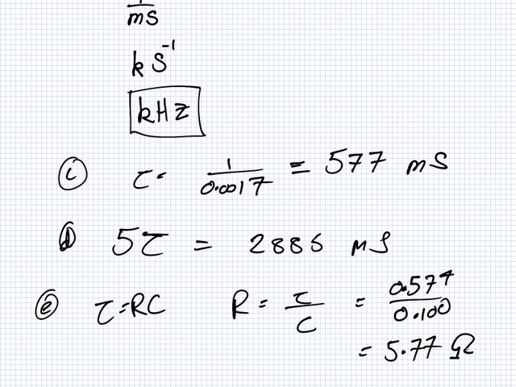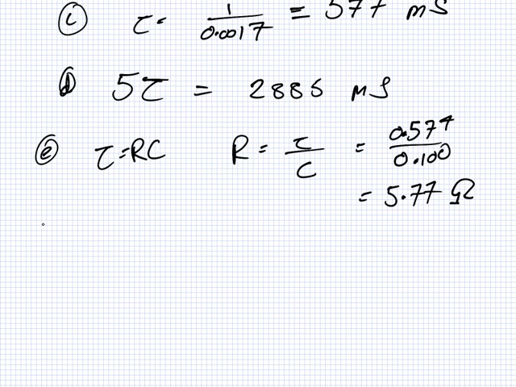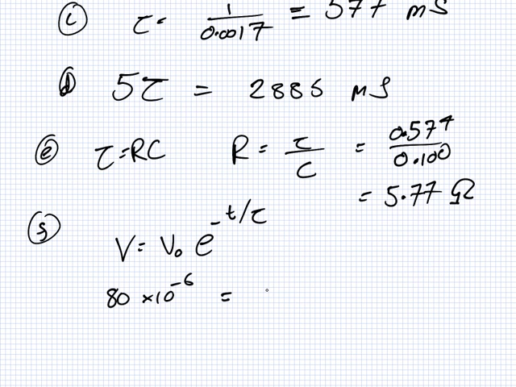When will the voltage be 80 microvolts? We can use our formula V equals V0 e to the minus t over tau. We want 80 microvolts, V0 is 500 microvolts, and the time constant is 0.577.